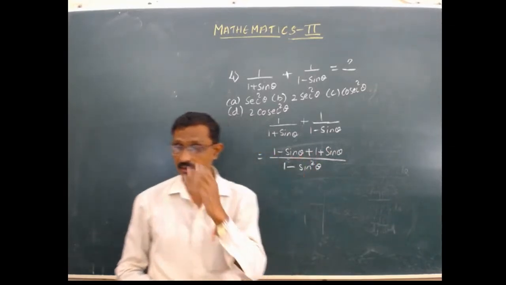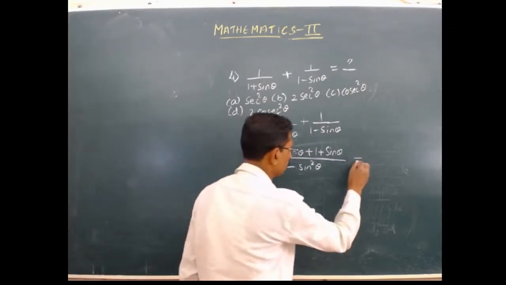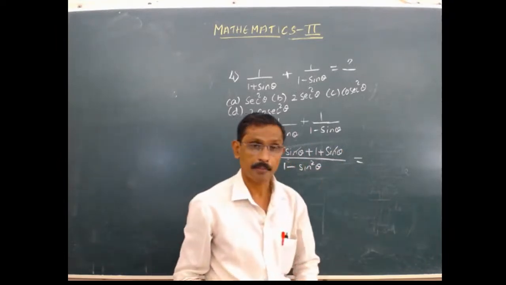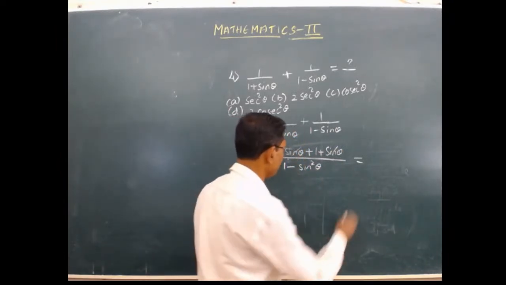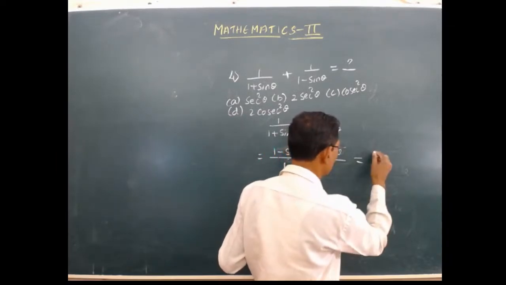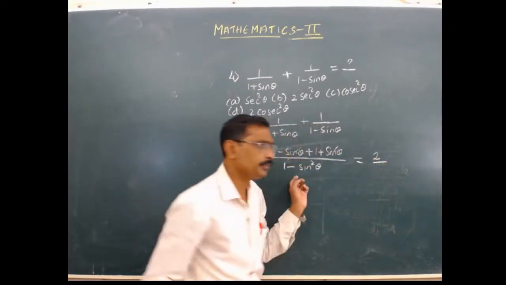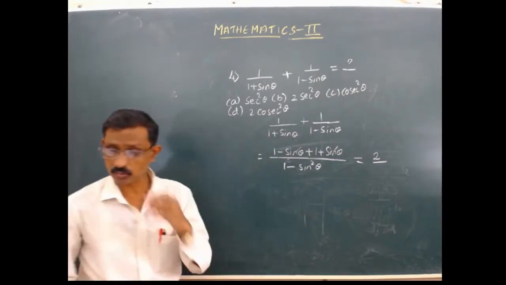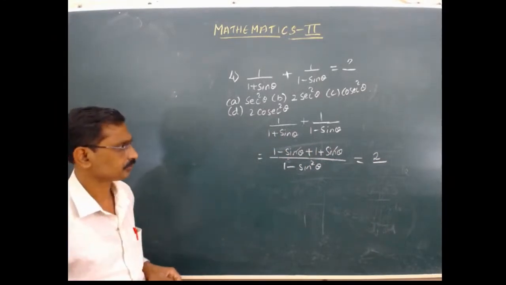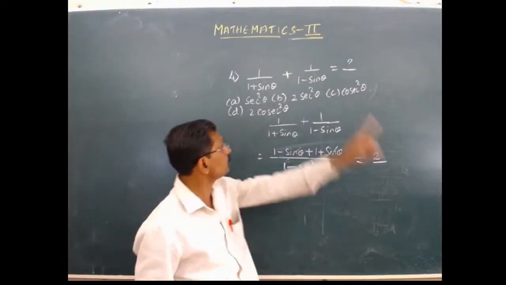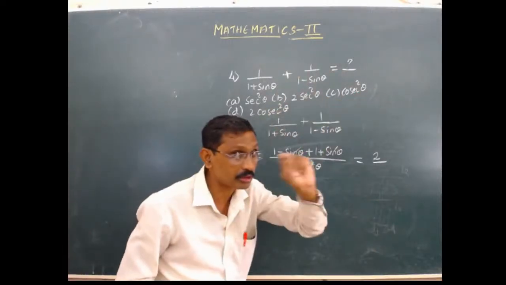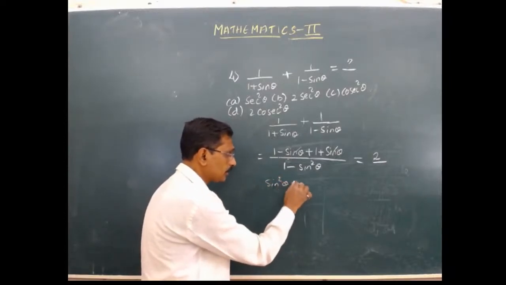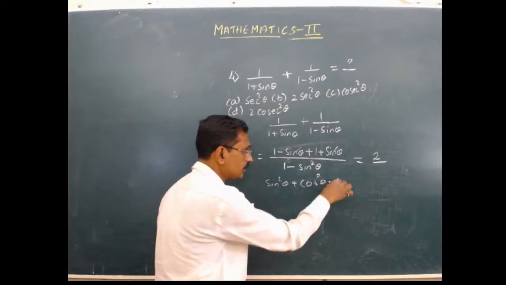Sine theta plus sine theta and minus sine theta cancel. So I get 1 plus 1, which is 2. And below I get 1 minus sine square theta. What does 1 minus sine square theta give me? Look here. Sine square theta plus cos square theta is equal to 1.